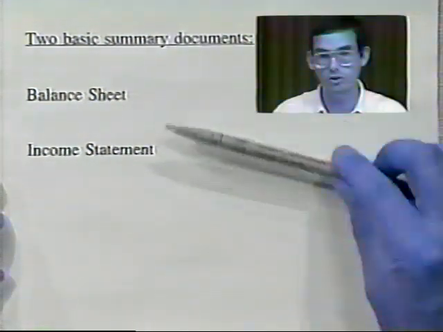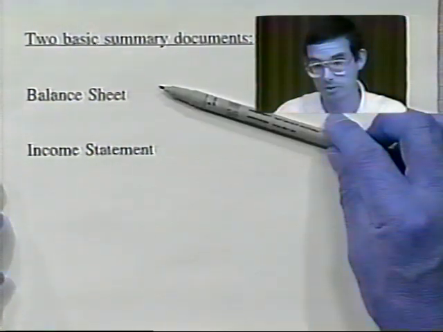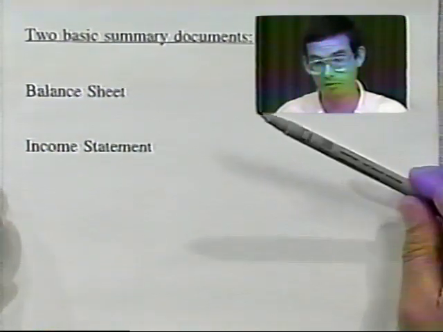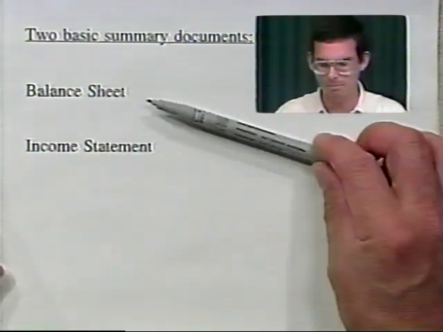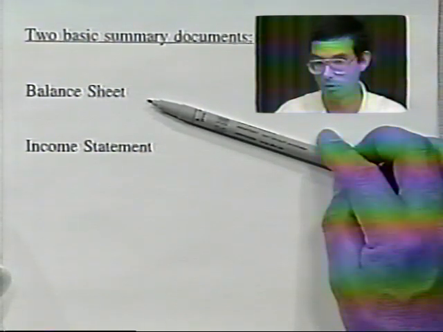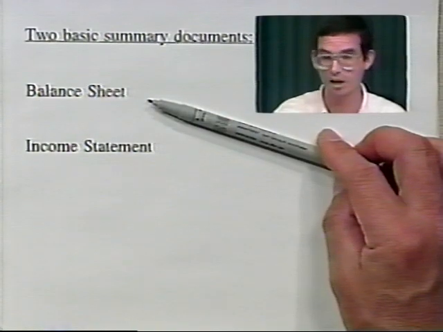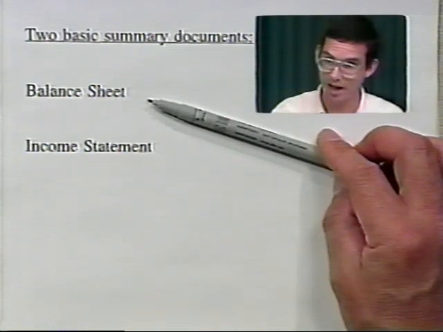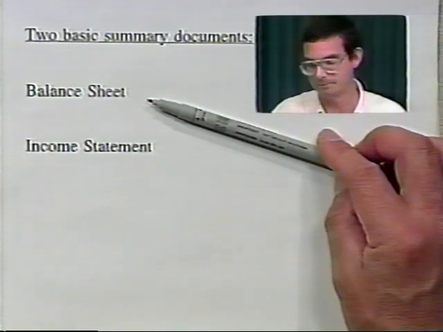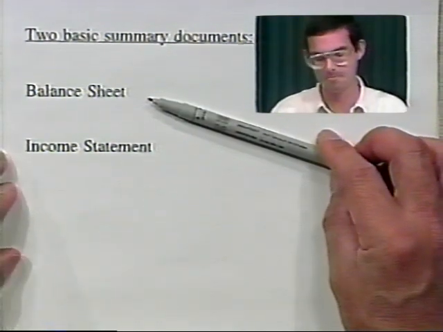Now, there are two different documents here because these retain two different kinds of processes. The balance sheet is a snapshot of the financial status of the company. What it is like at one particular point in time, what the company has in the way of assets, what the company owes in the way of loans, and so forth.